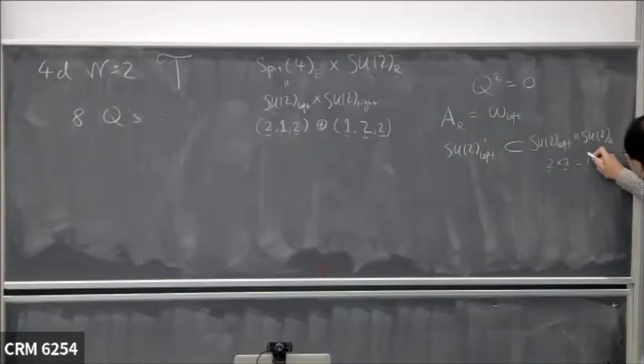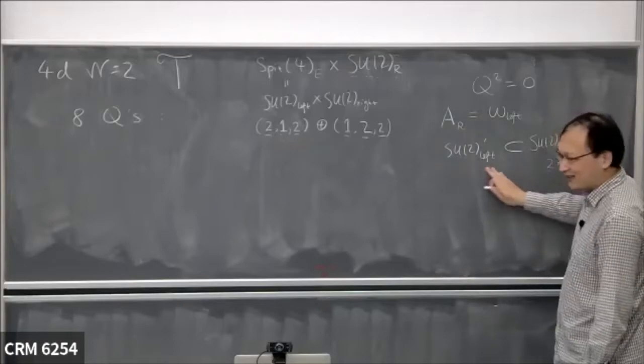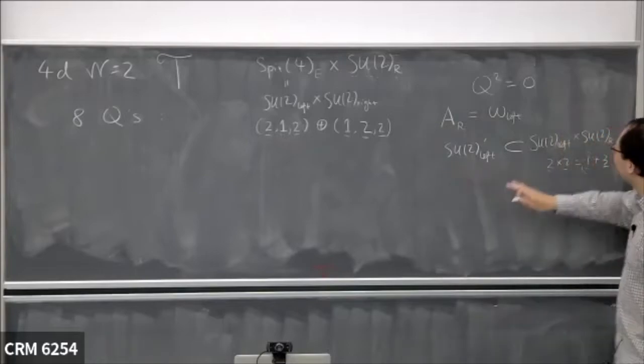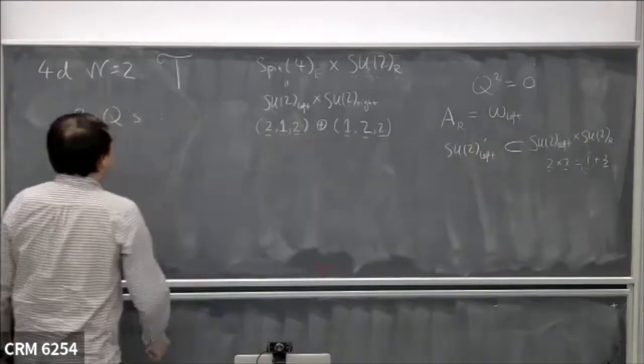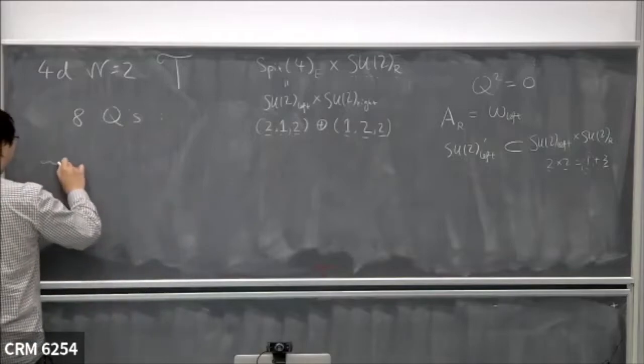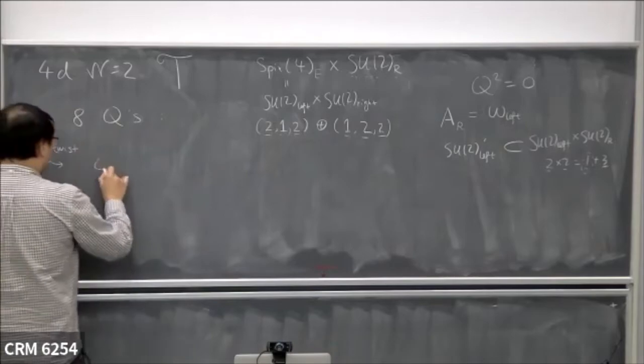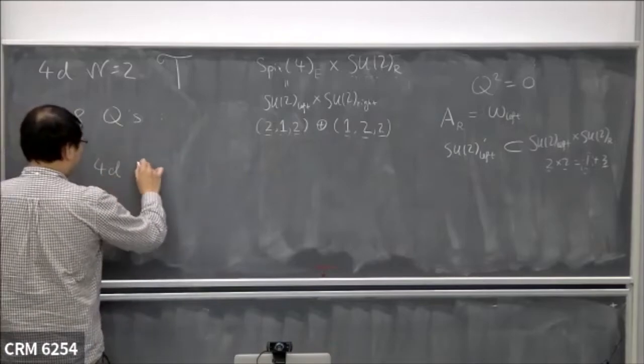And then this 1 actually means that there's a Q that is going to be a scalar here. That's the Q that squares to 0. So what I'm describing is a way of performing topological twisting to get a 4D topological theory.